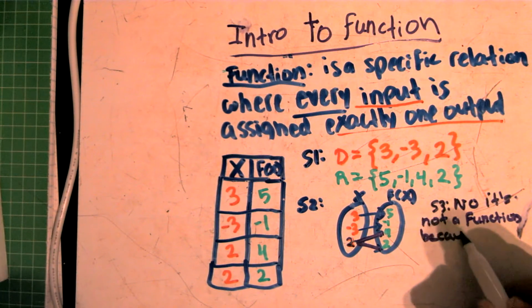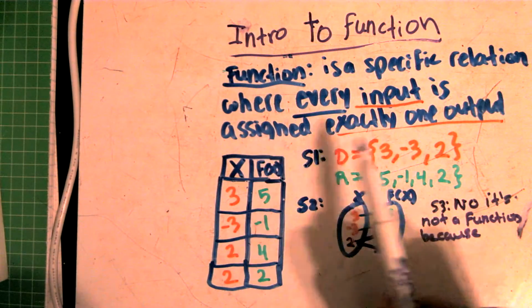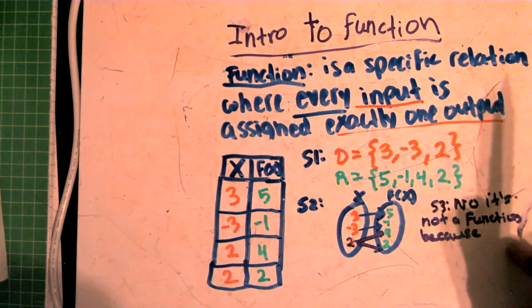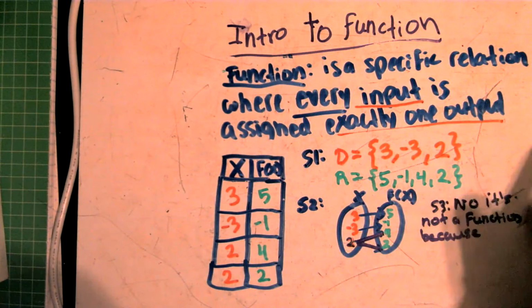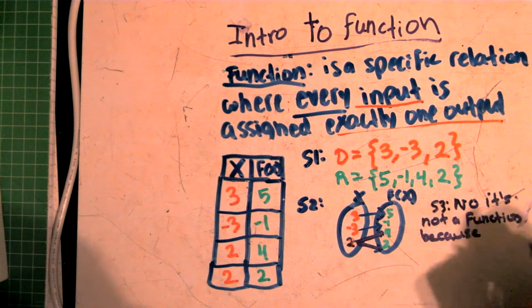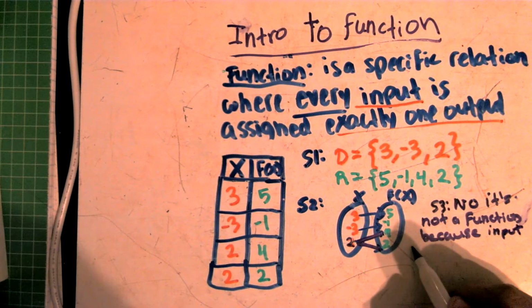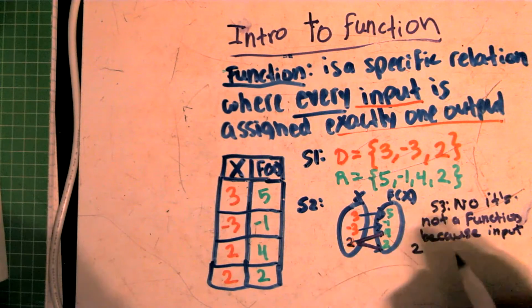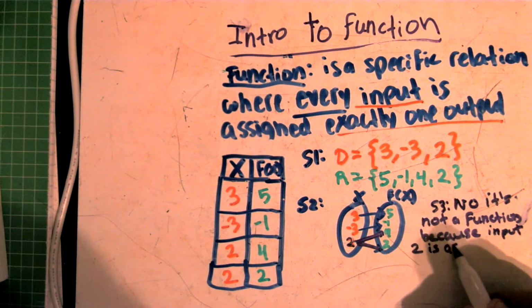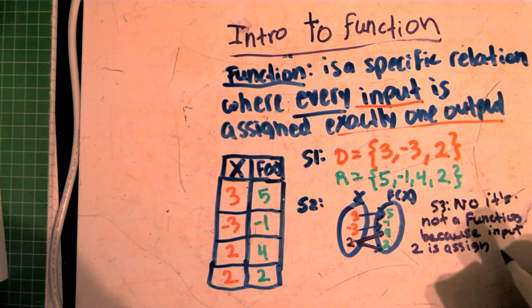Because not every input is assigned exactly 1 output, because the key word here is every and only 1 output. Or you could say it this way, because input 2, this one, is assigned 2 outputs, or is not assigned exactly 1 output.